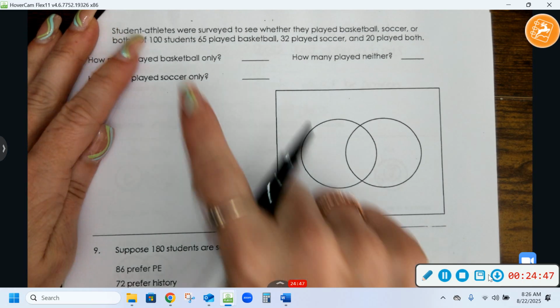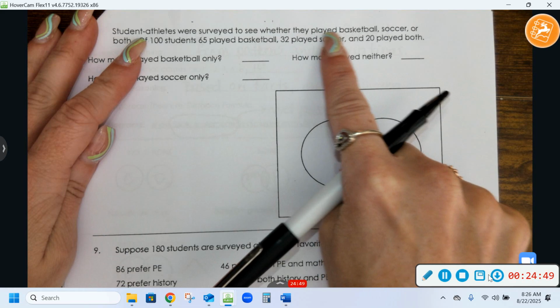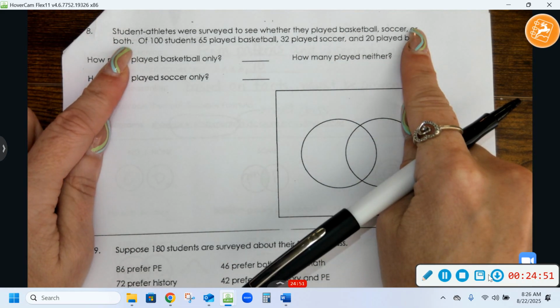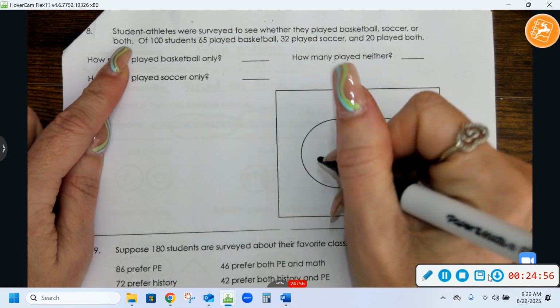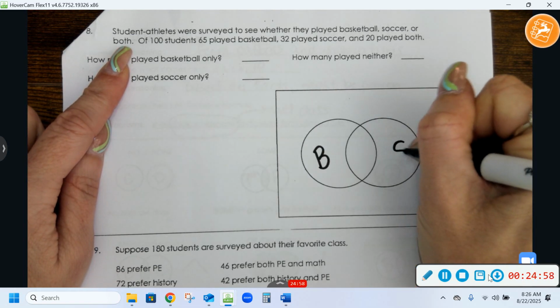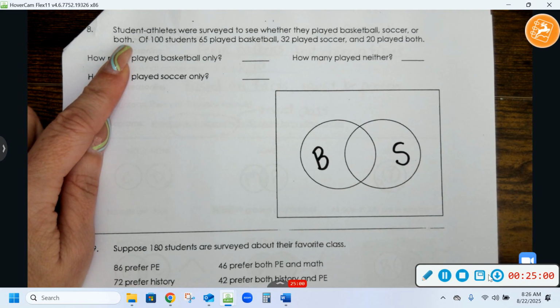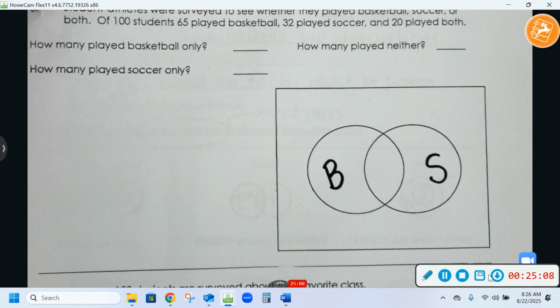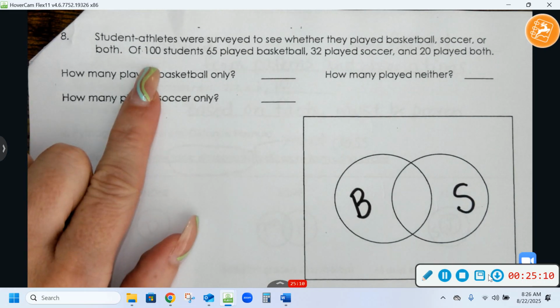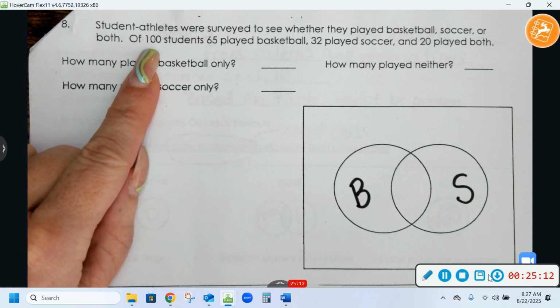Student athletes were surveyed to see whether they played basketball, soccer, or both. We stop right there. We label. If you don't label, it'll get confusing when we get into these bigger Venn diagrams. Our instinct is going to be to say, oh, we have a total of 100.